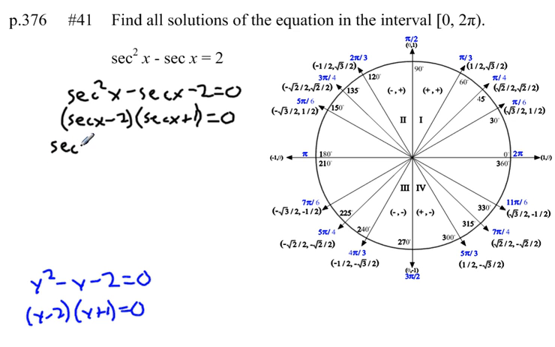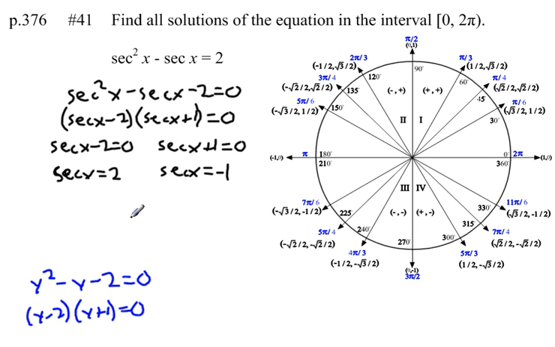So I can say the secant of x minus 2 equals 0, or the secant of x plus 1 equals 0. Well, if I add 2 to both sides here, we get the secant of x equals 2. And if I subtract 1 from both sides here, I get the secant of x equals negative 1.